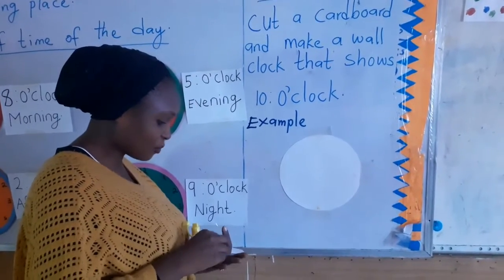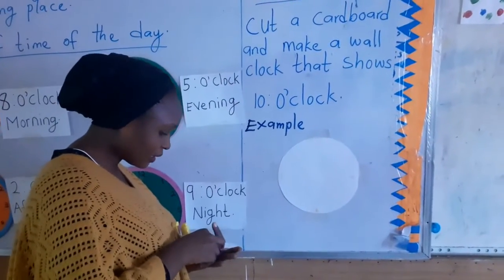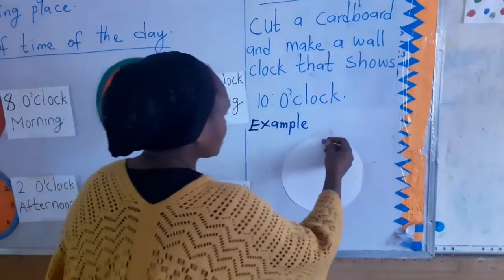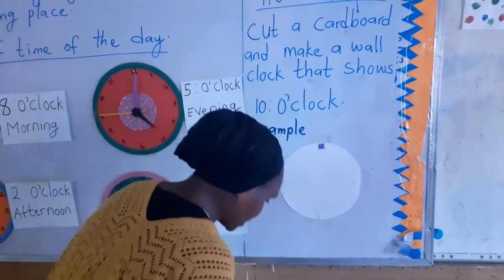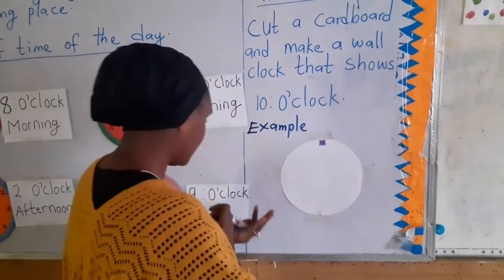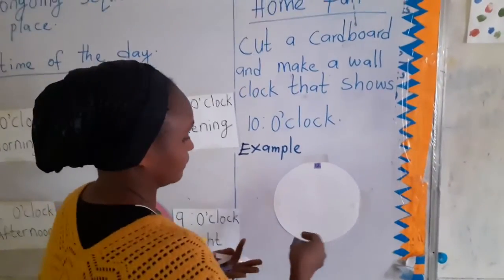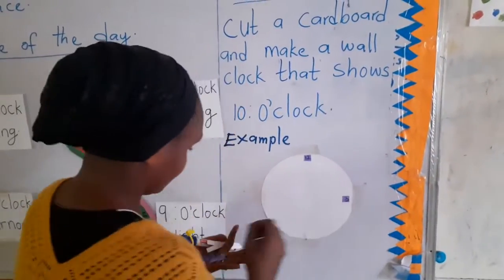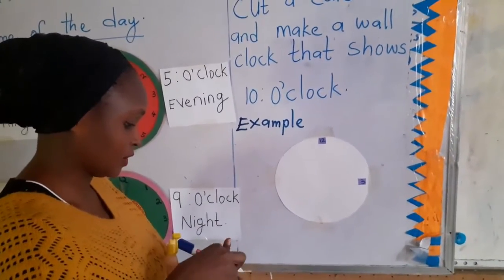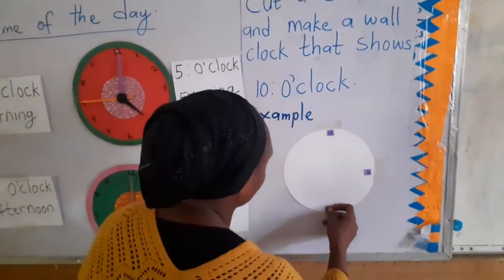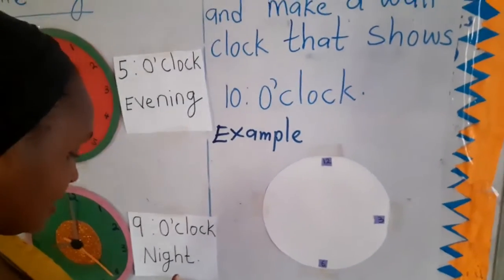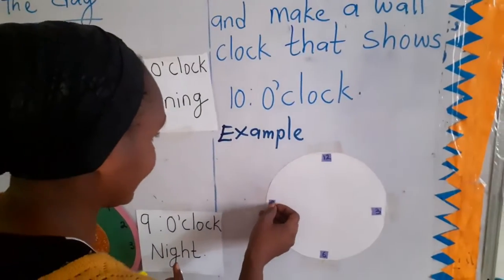The first number I'm going to place to create my wall clock is 12. Can you see my 12? Then the next one is going to be 3. The next one is going to be 6. It's going to be very easy doing it like this. Then the next one is going to be 9.